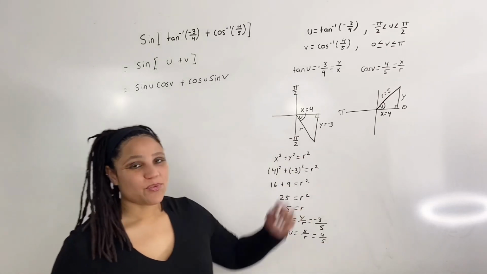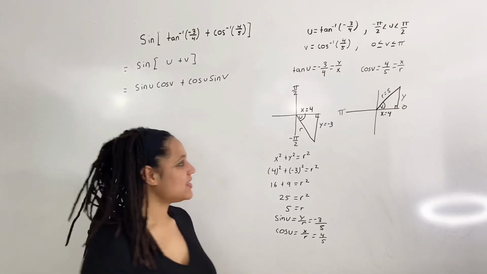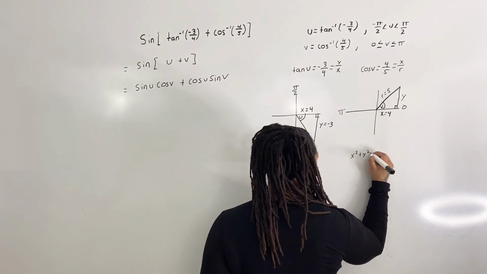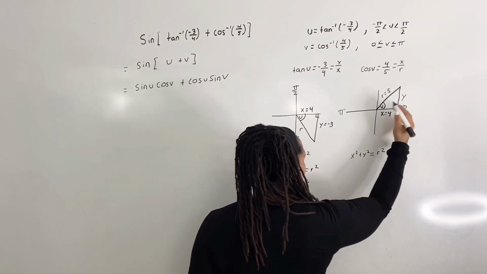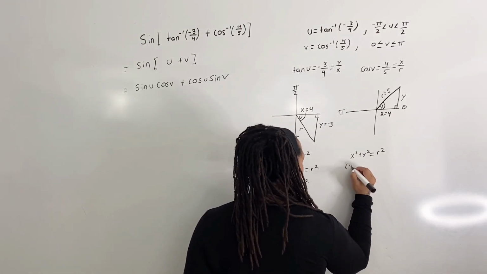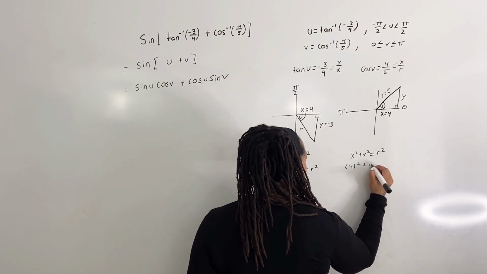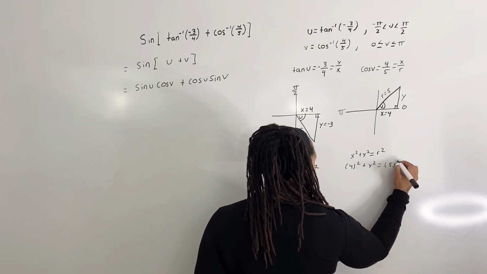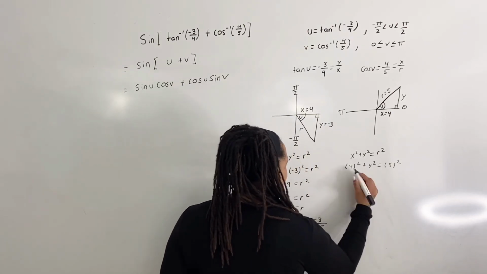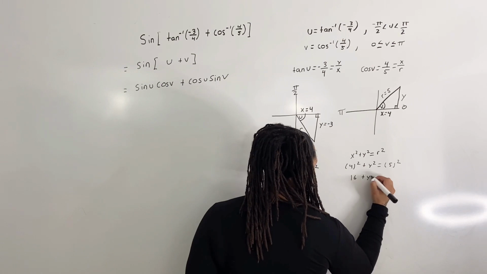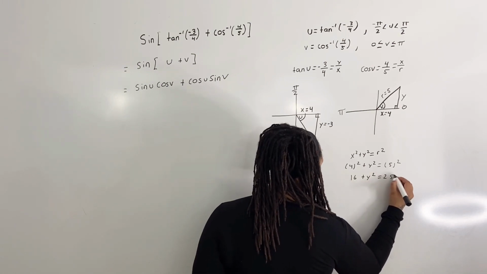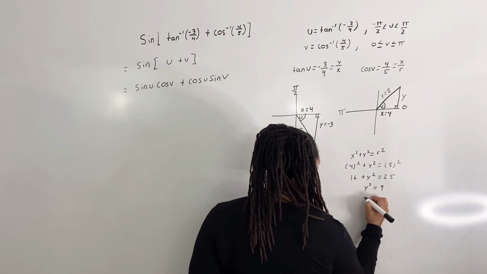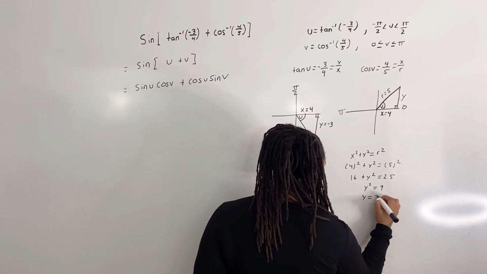Similarly, we solve for y using the Pythagorean theorem. So we know that x squared plus y squared is equal to r squared. Filling in my values, we have 4 squared plus y squared is equal to 5 squared. So now we have 16 plus y squared is equal to 25, which means y squared is equal to 9, which means y is equal to 3.